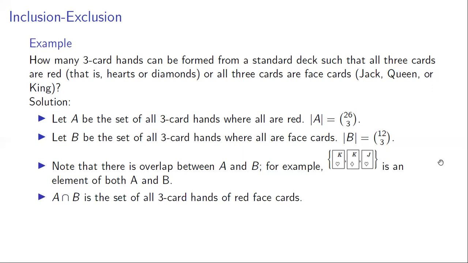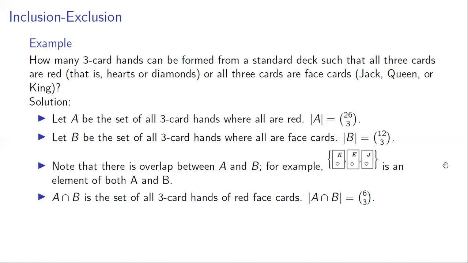So for that, we have to first figure out what is A intersected with B. A intersected with B means things that fall into both categories, right? So it's the set of all 3 card hands of red face cards. And these are 3 card hands that are all red and are all faces. What is the cardinality of A intersected with B?